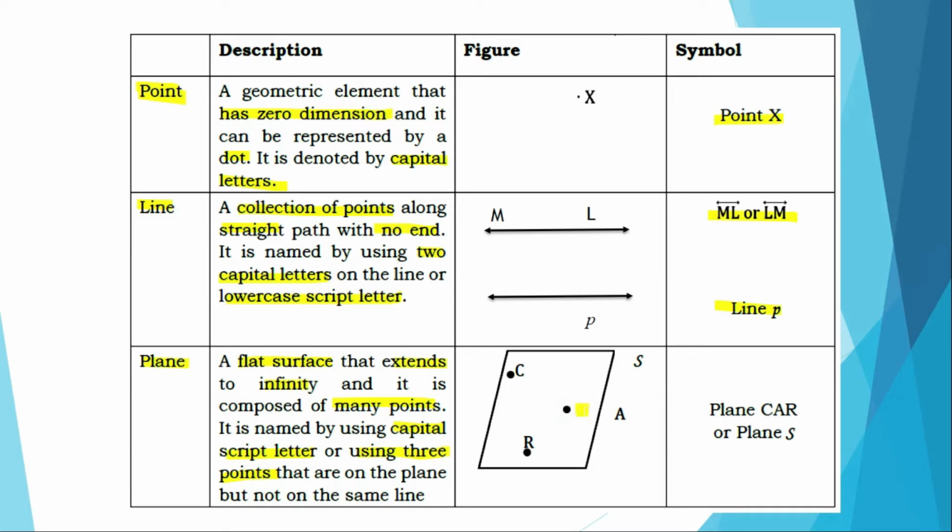Dito dapat yung A. So, in naming this figure now, we can name this as plane CAR or plane ARC or plane RCA or plane RAC, ACR o ganon. Basta yung 3 letters ang nandyan. Or it can also be called as plane S with a script capital letter S.